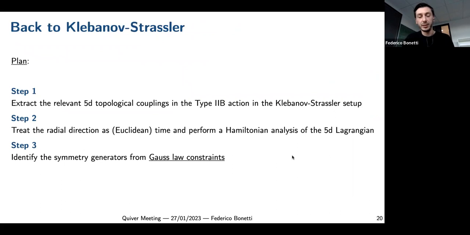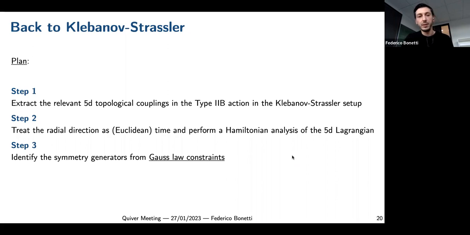However, there is a clear strategy that one can apply. So first we find the topological couplings, and then we will see that doing a Hamiltonian analysis based on Gauss law constraints gives us a very algorithmic approach to identifying the symmetry generators.